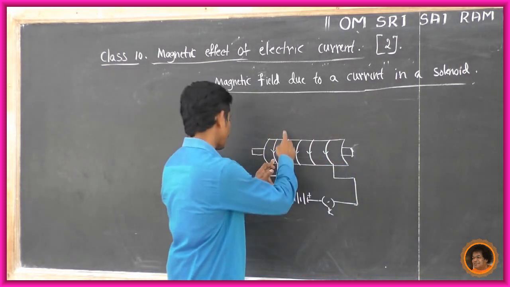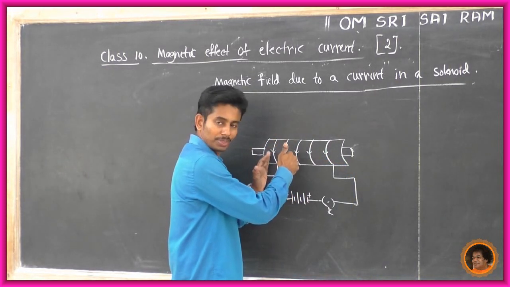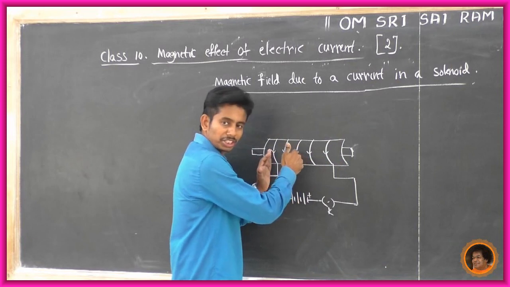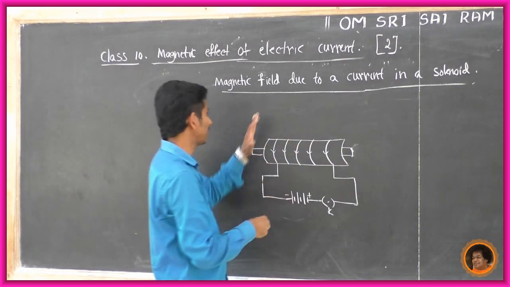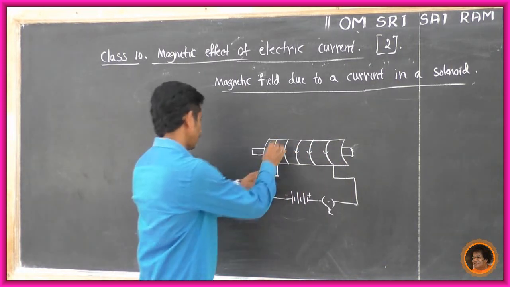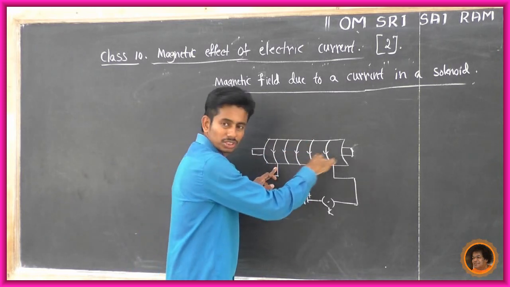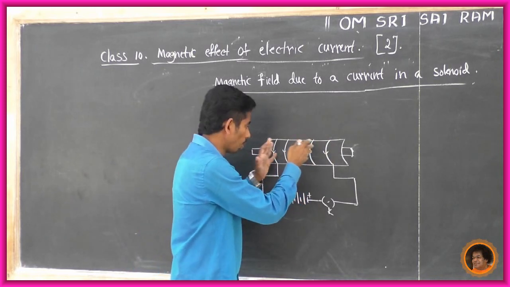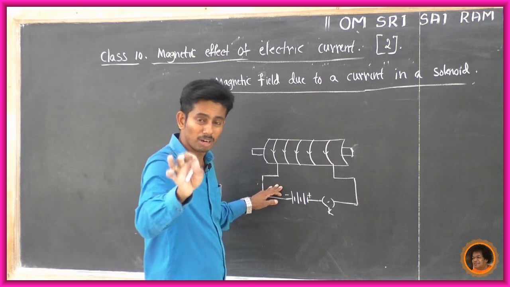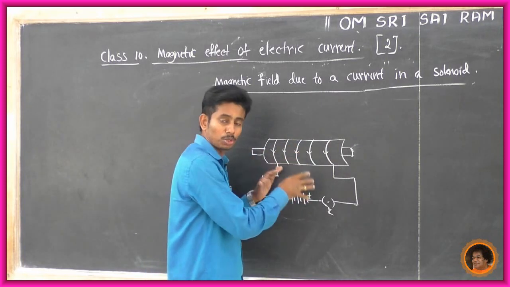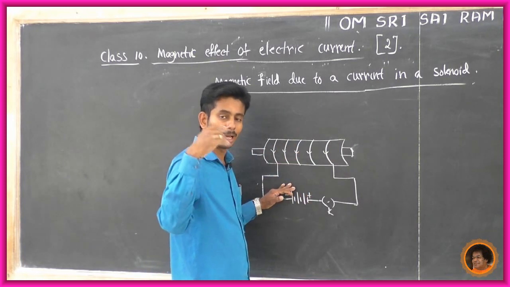So circular coils wrapped in the shape of a cylinder are called a solenoid. There are more turns, which means more circular loops. Therefore, they produce a maximum magnetic field.